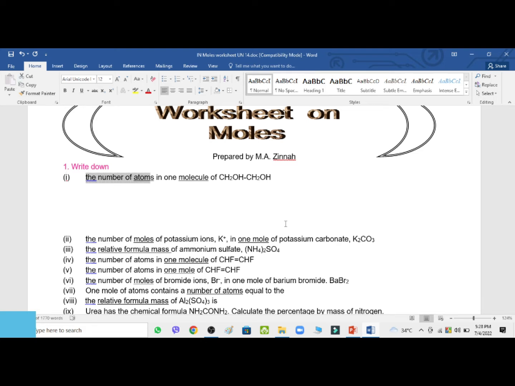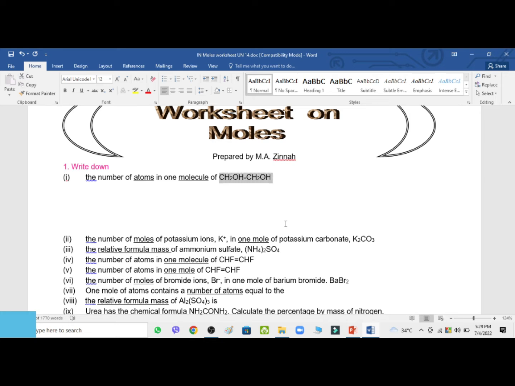The number of atoms in one molecule of this. So the emphatic word: how many atoms in one molecule? This question is not about moles. This is one molecule, like one person.